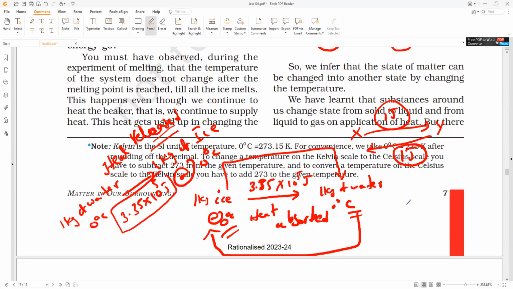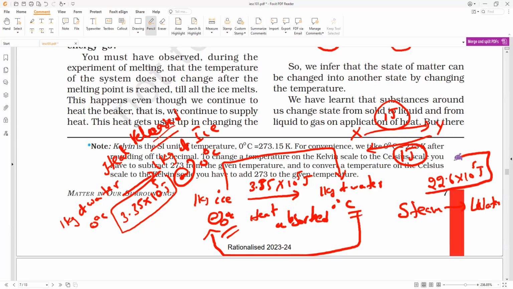Same way, if I am converting from steam to water, what is the energy released? Steam to water releases 22.6 into 10 power 5 joules of energy.